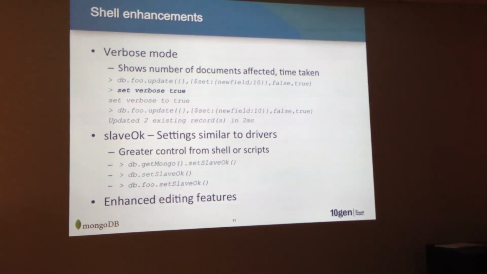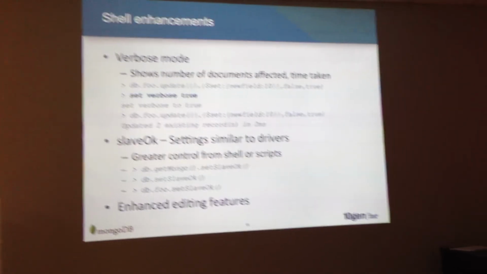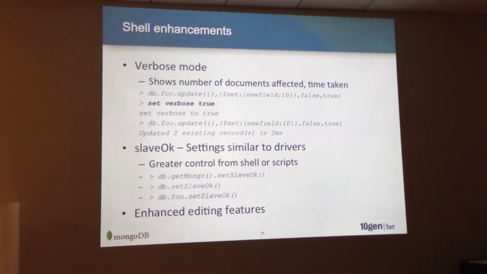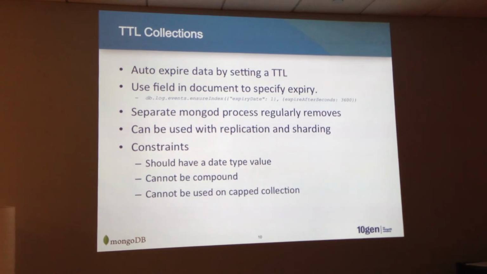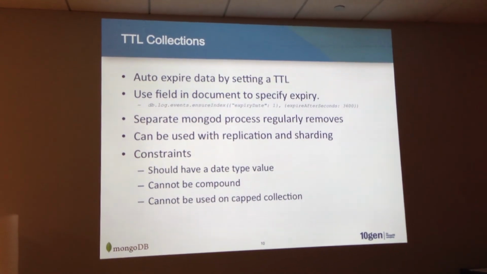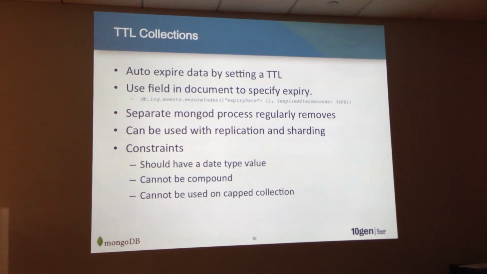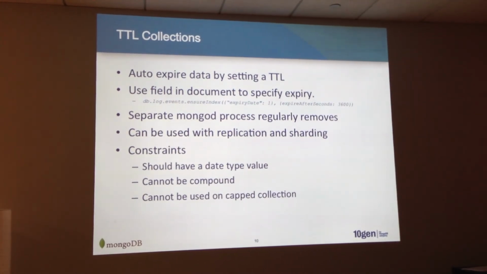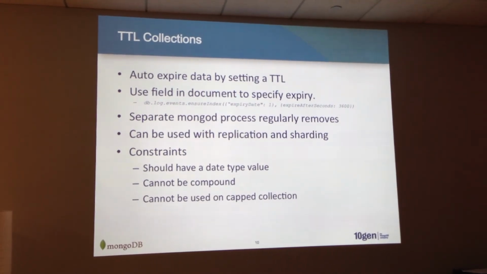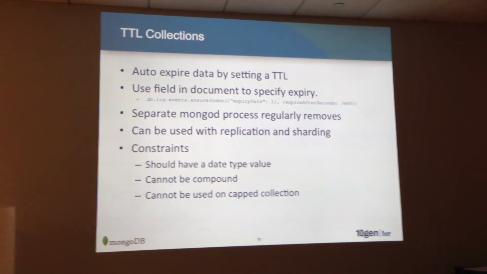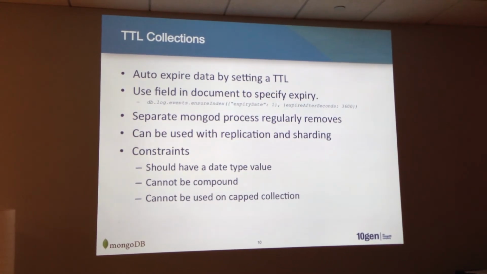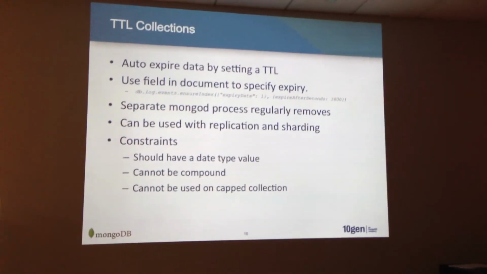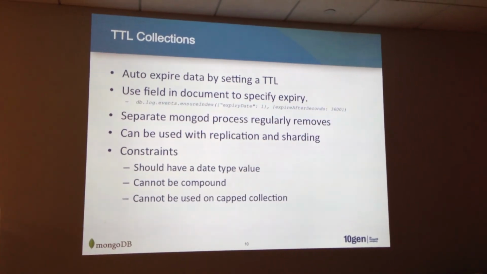For which feature? Just like the expiry and stuff like that. Yeah, no. So the expiring, that's just when you create the index. If I'm writing a driver, is there a lot of new stuff added to the spec that I have to add? Yeah, so that would be part of the options of each command. So it's not actually changes in the protocol. Okay. It's just changes in the options that are available.